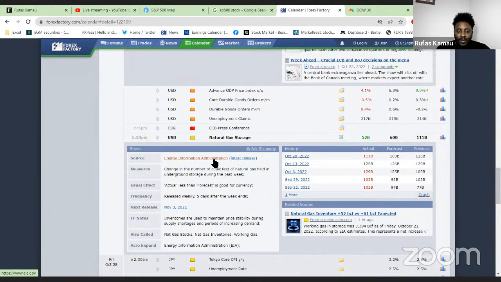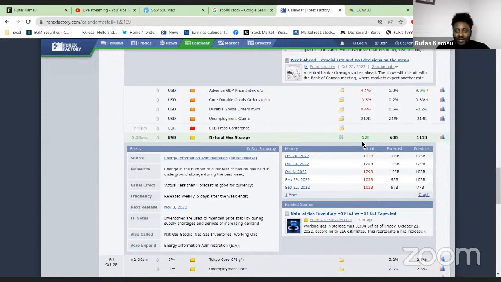There's a website called EIA.gov, and it's the one that releases the news. So everyone has access to this information. What this calendar does is track this information and then publish it here. So it might take longer, maybe a minute, sometimes a second, sometimes it's instant.